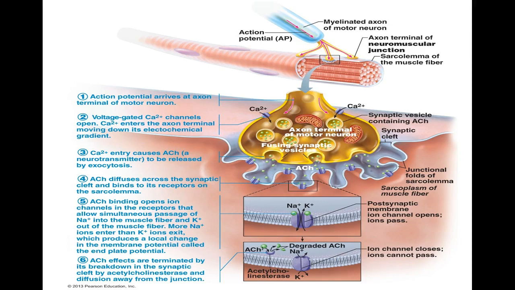And so you have the nerve that is this motor nerve that is going to feed this particular muscle group, this group of fascicles, and along the nerve is an action potential.